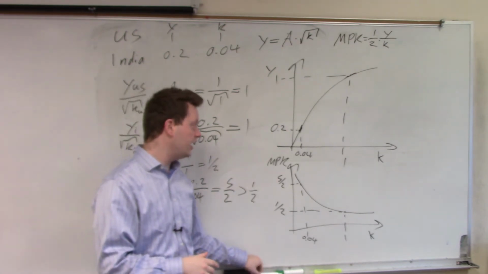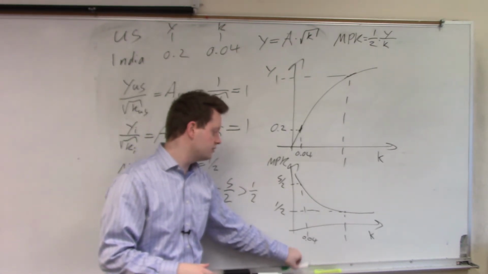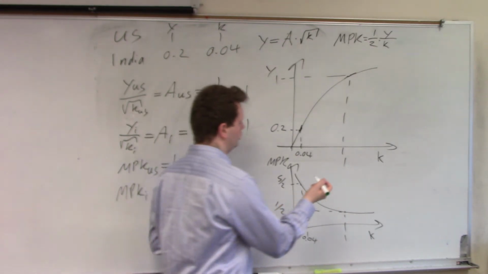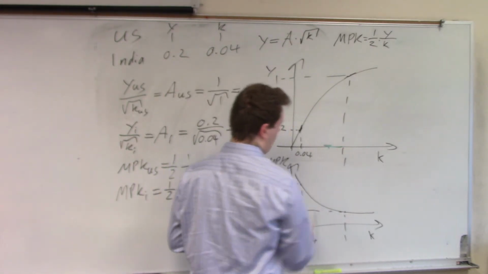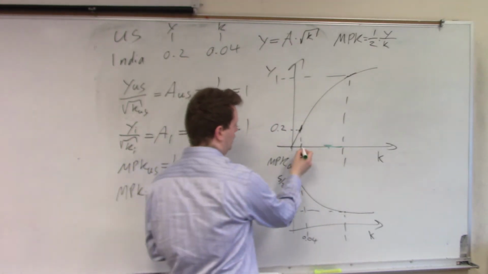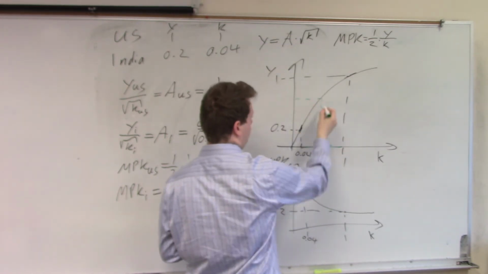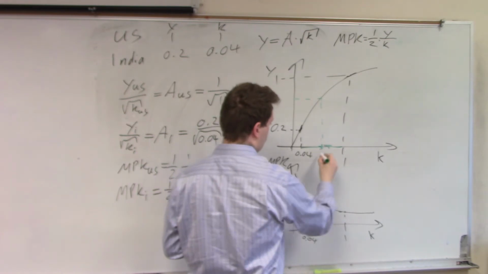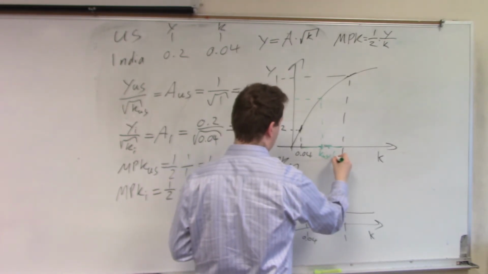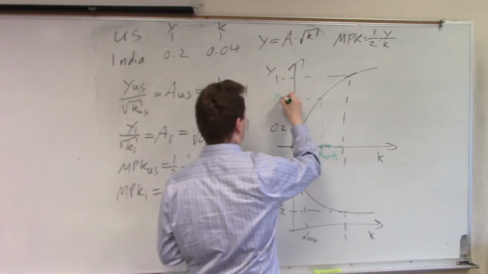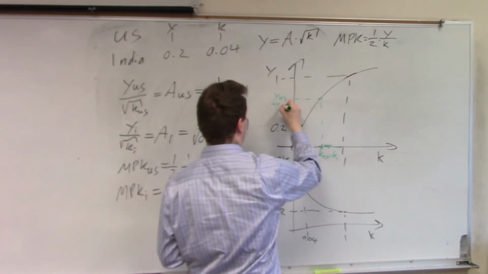And in the end, what we will get is, since some capital flows from the US to India, the US capital decreases, the Indian capital increases until we reach some capital level which is equal. So K_US is equal to K_India, and Y_US is equal to Y_India.